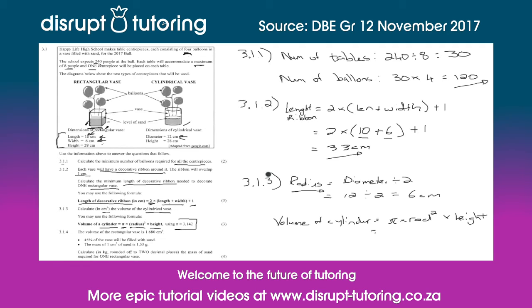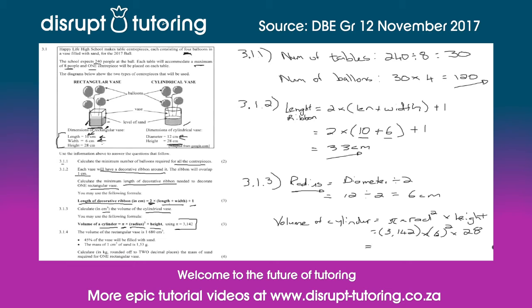And then subbing in, we've got that pi is 3,142 times the radius, which is 6 squared, times the height, which they've also given us here, is 28 centimeters, so times 28.